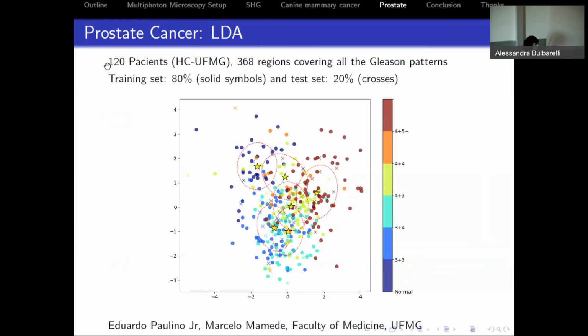We studied 120 patients that were under cancer treatment in the hospital. And we had the safety procedures and issues with the human tissue there. All the patients agreed that the tissue could be used for imaging research. And we could image 368 regions covering all the Gleason patterns by the nonlinear imaging.